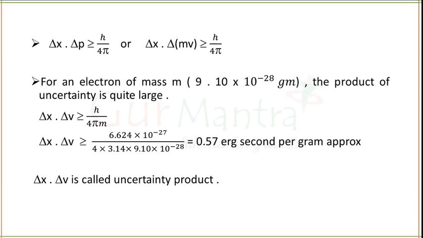The product of Δx and Δv is called the uncertainty product, because this is Heisenberg's principle that at a particular time you cannot calculate the exact position and velocity of an electron simultaneously.